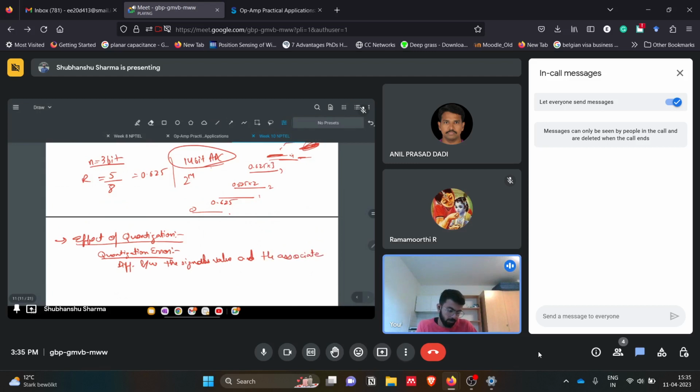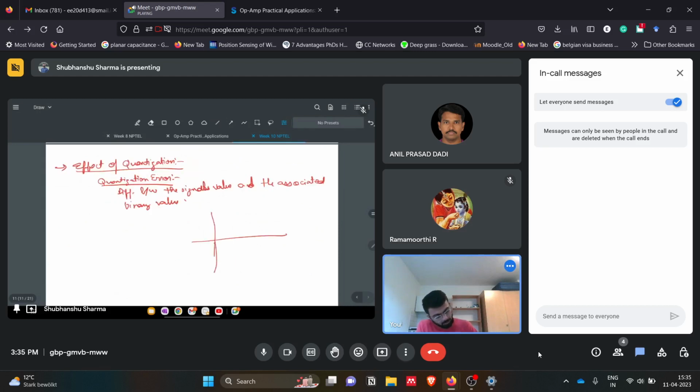So what we are getting from the binary value versus what was the actual signal. He showed that the quantization error has this level as half LSB, this as minus half LSB, and this as 0. So it is also like random noise, like this. This is normally the graph for the quantization error. So this was the concept, and for that he told that the quantization error is plus or minus half LSB.